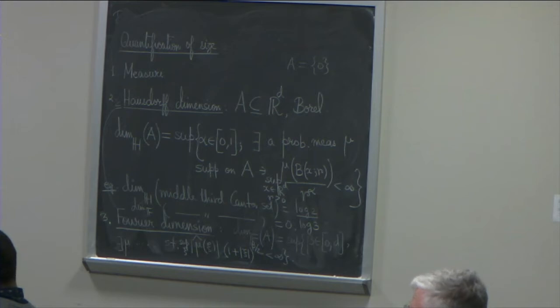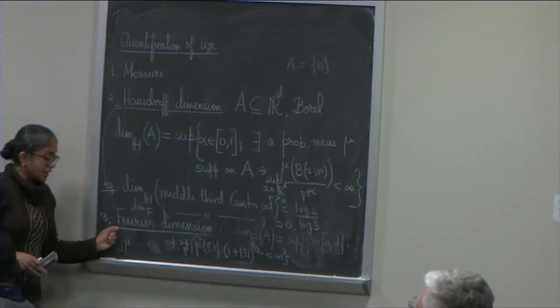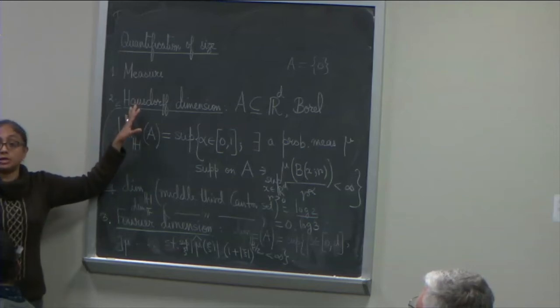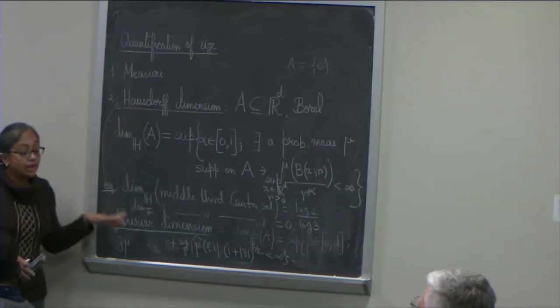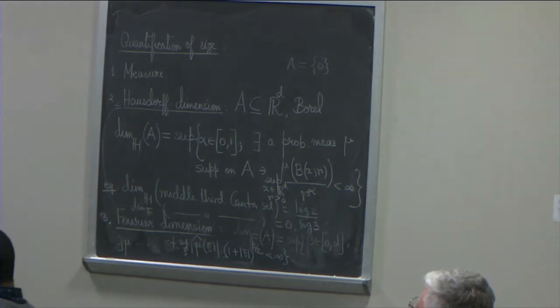So what Fourier dimension picks out is in some way more specialized than what Hausdorff dimension does. And therefore, sets with higher Fourier dimension typically have more structure and contain more patterns than a set of large Hausdorff dimension. And there are many examples that substantiate this meta principle.